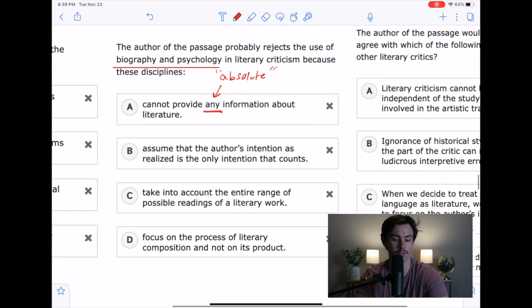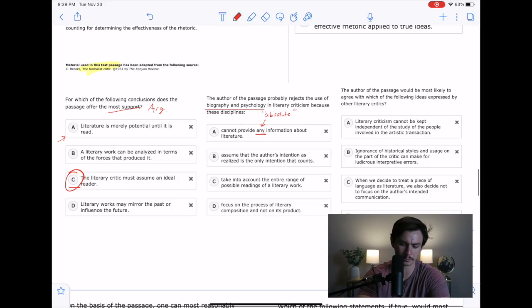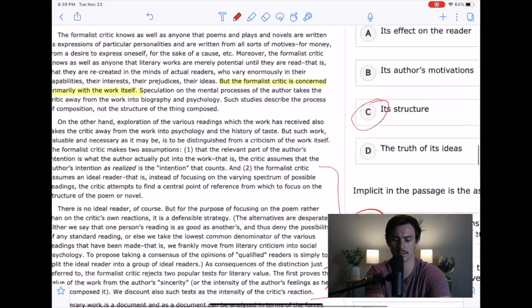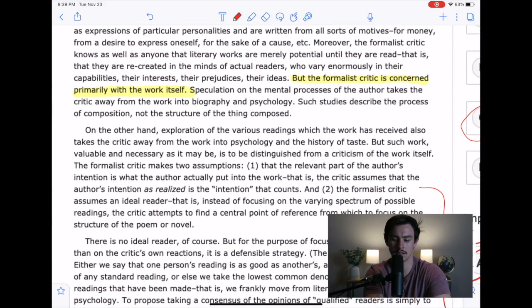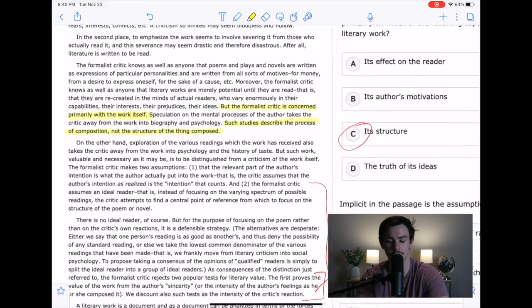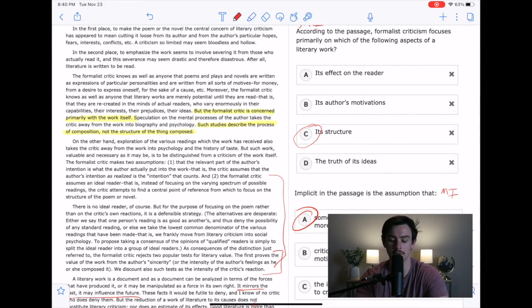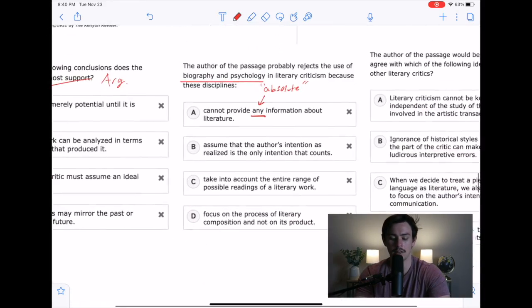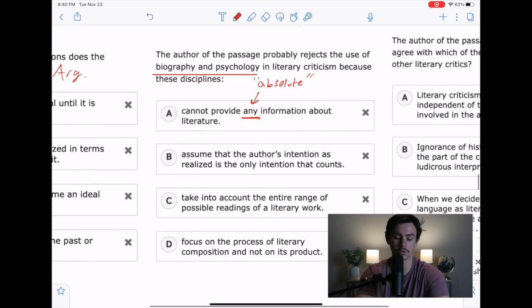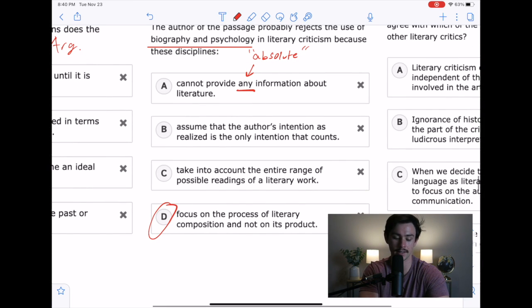And then D says focus on the process of literary composition and not on its product. So this is actually kind of going back to the passage. There was one sentence right here that, when we're talking bio and psych, says these studies describe the process of the composition, not the structure of the thing composed. Okay, so that's why it gets rejected, because we want to focus on the product.